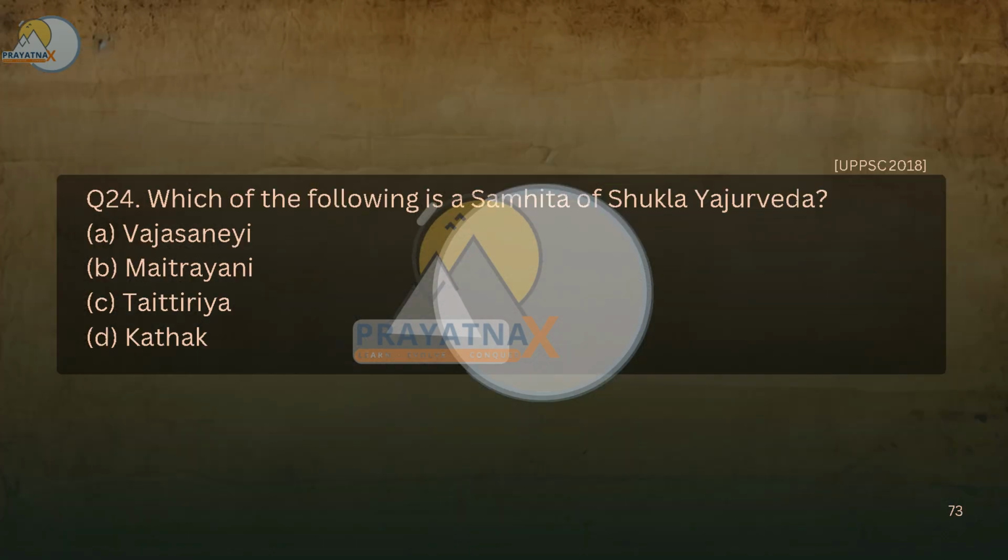Moving on to the next question. Which one of the following is a Samhita of the Shukla Yajurveda? Vajasaneyi, Maitrayani, Taittiriya and Kathak.